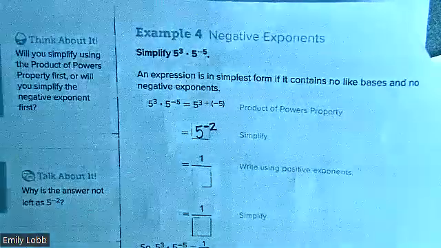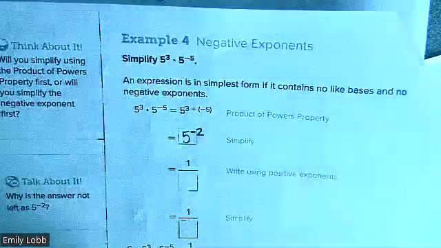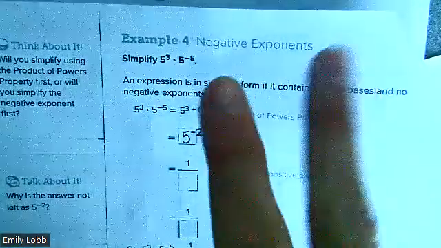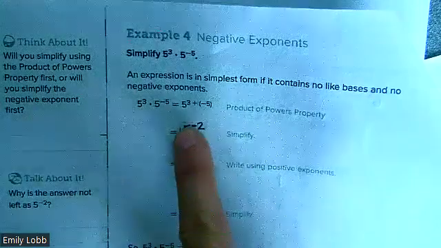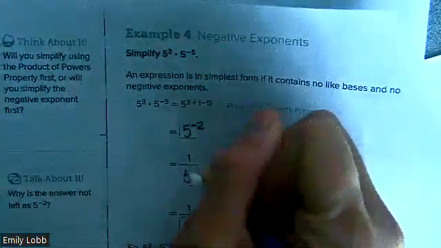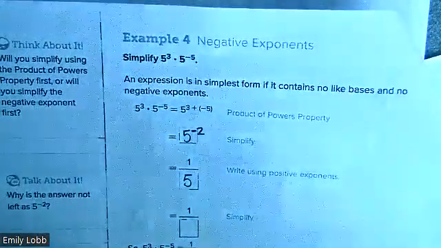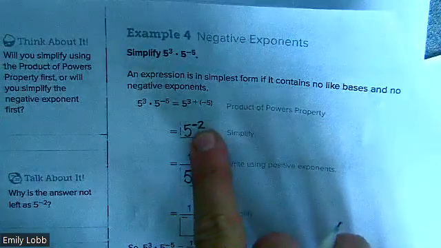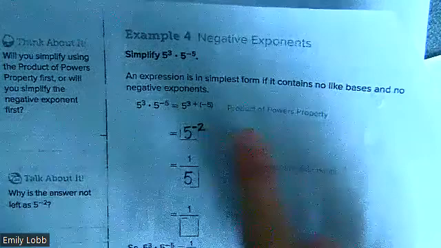Now, yesterday, we learned that anything to the negative power is the multiplicative inverse. So I have to switch. I got to flip it. So now I'm going to put 5 to what power as the denominator? Is it still negative 2? No, it's the same but positive. So instead of negative 2, what's the opposite of negative 2? Positive 2.